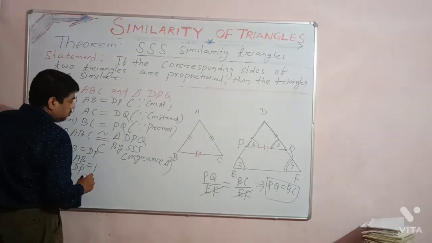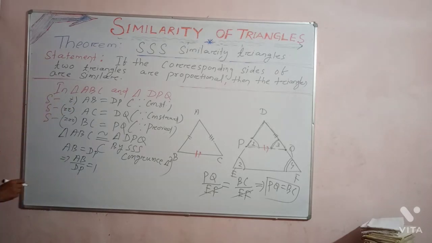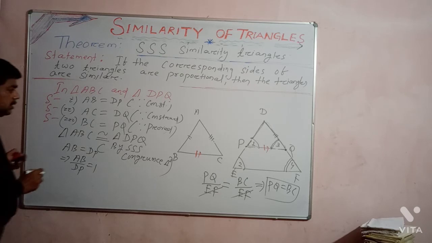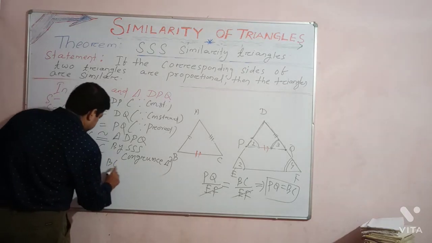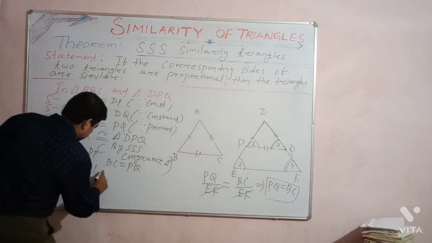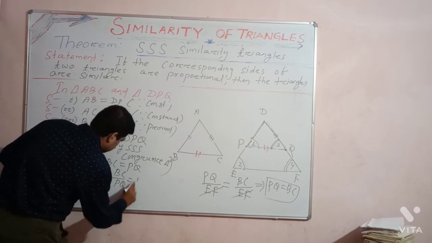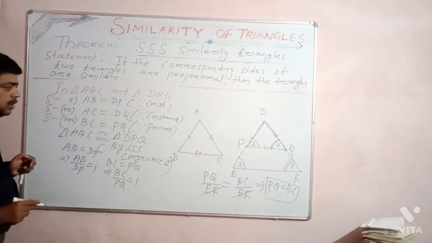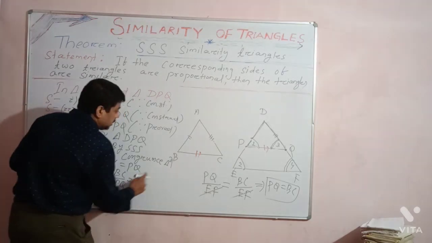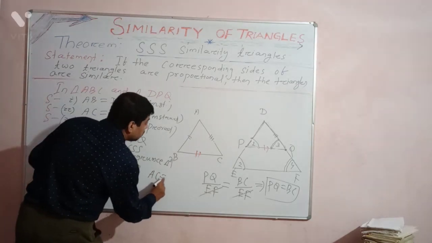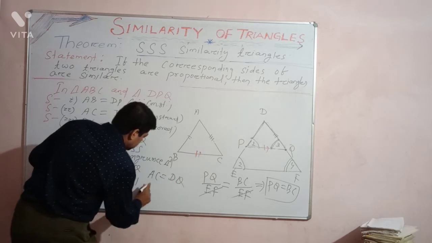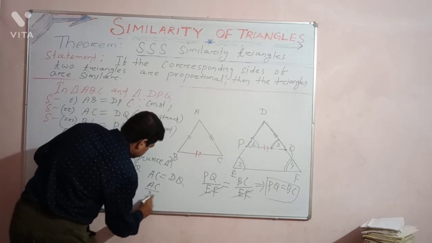Similarly, you see now, yes or no? BC is equal to PQ. That implies BC by PQ is also equal to 1. Understand or not? Again you see AC is equal to DQ. It means AC by DQ is also 1.